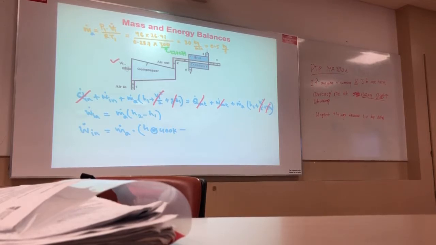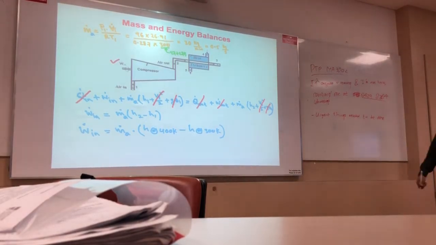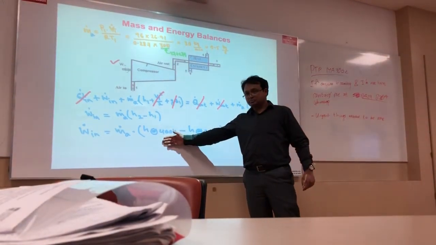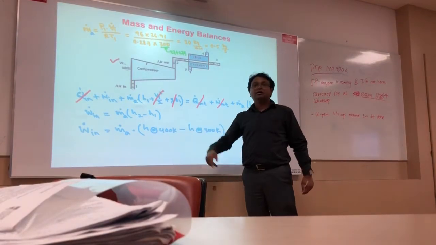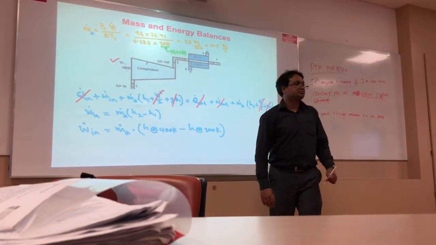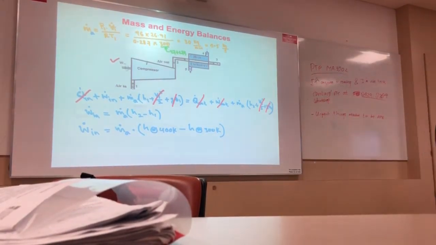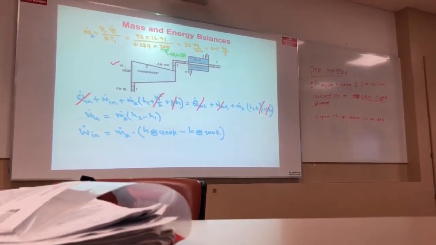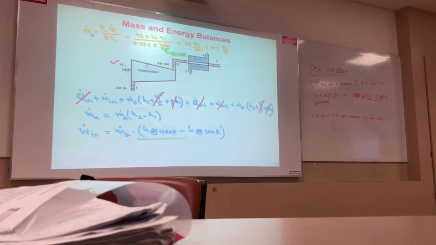Minus what is h1? h with respect to 300 Kelvin. 27 degrees Celsius is 300, 127 is 400. Okay? That's why. And we get this data from the table. I show you later the table. Remember, we get the data from the given table. I will give you the table and you can get the data from it.